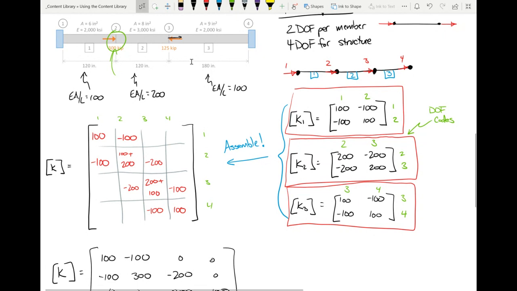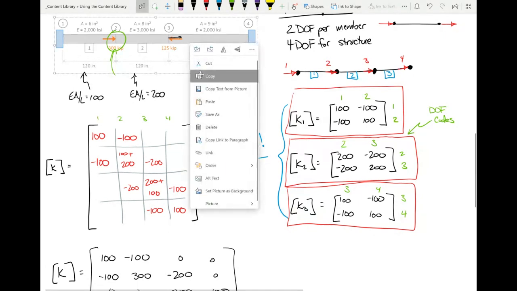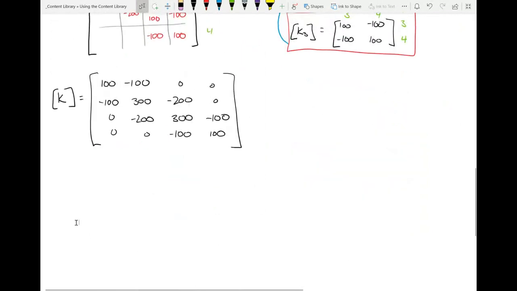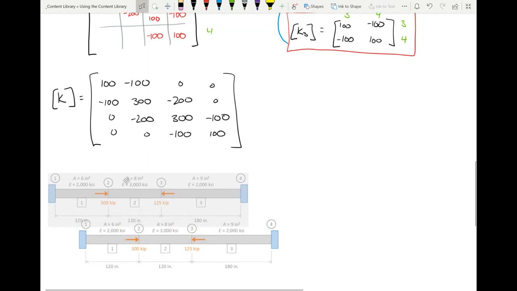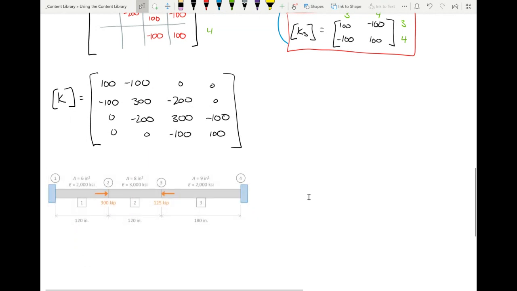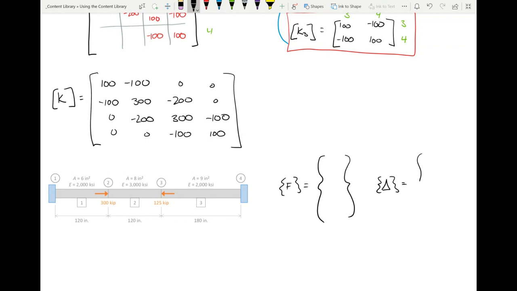There you go. Now, I'm going to be lazy here. I want to show you something real quick. Let's see if we can write the force vector and the displacement vector. Let me show you what I mean.